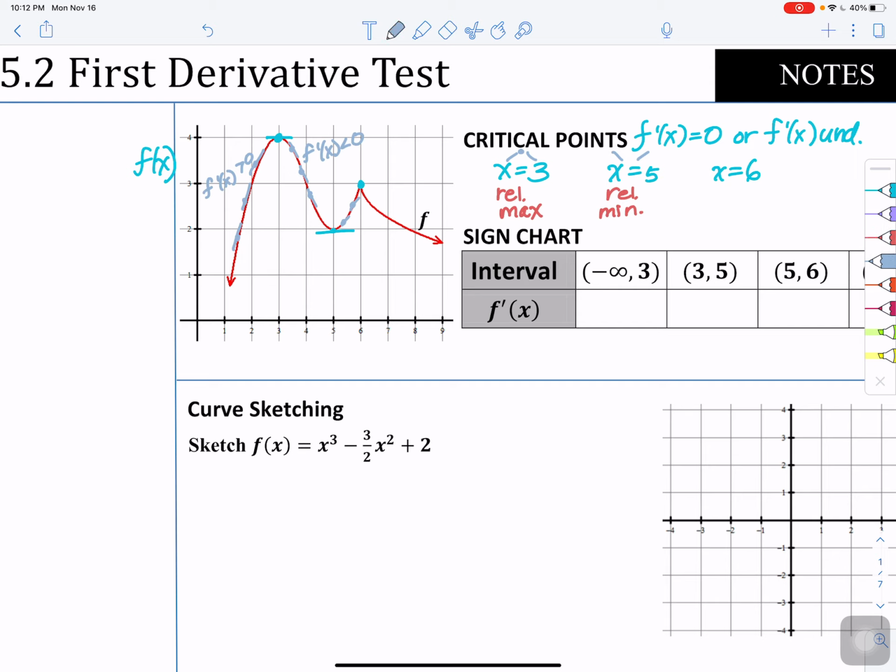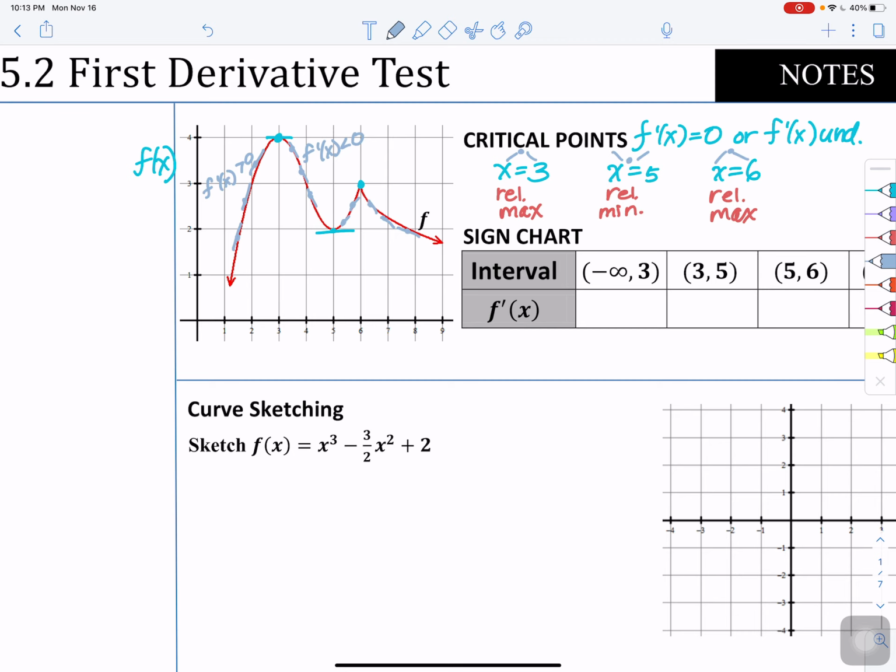Now, looking at x equal to 6, to the right of that, all of our slopes are negative. So we have a relative max there because on the left side of 6, they were positive, and on the right side of 6, the slopes of the tangent lines were negative. So that's sort of what we're doing.